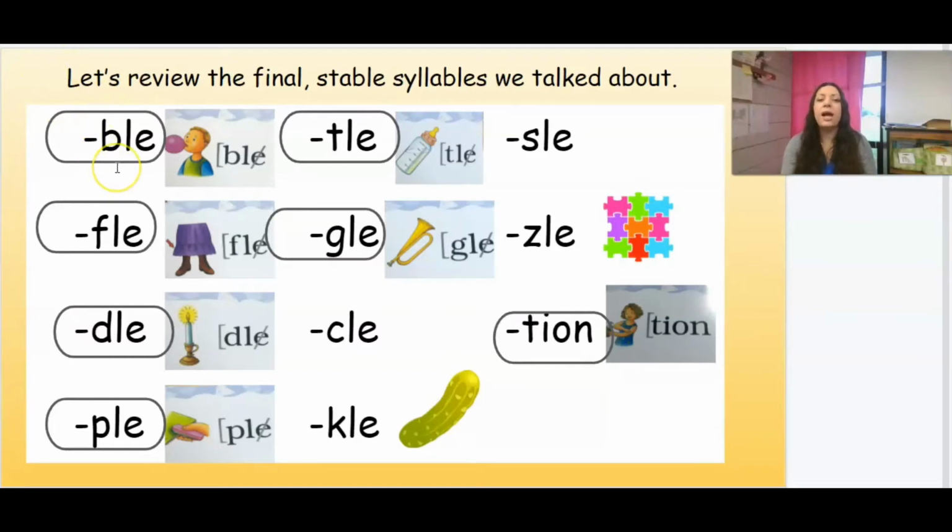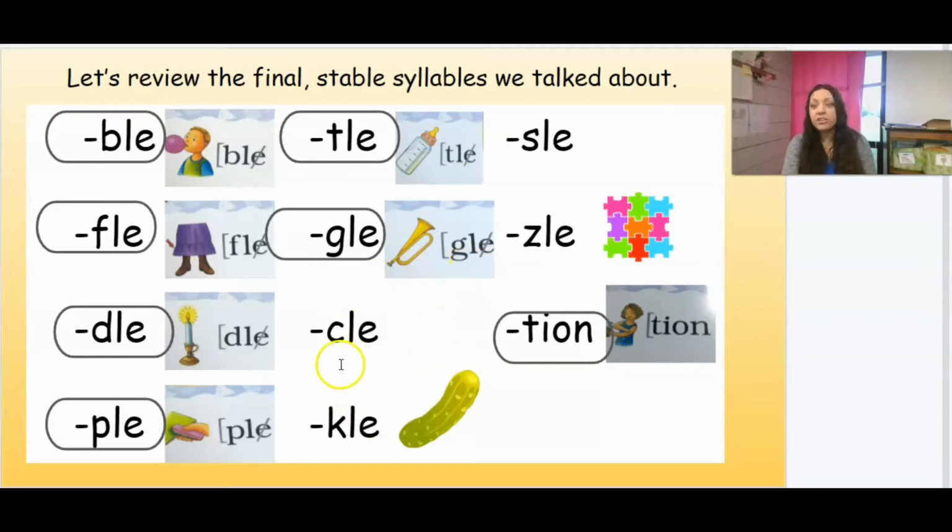Are you ready? So I have bubble, bull, final syllable B-L-E, ruffle, full, final syllable F-L-E, candle, dull, final syllable D-L-E, staple, pull, final syllable P-L-E, bottle, tull, final syllable T-L-E, bugle, gull, final syllable G-L-E.